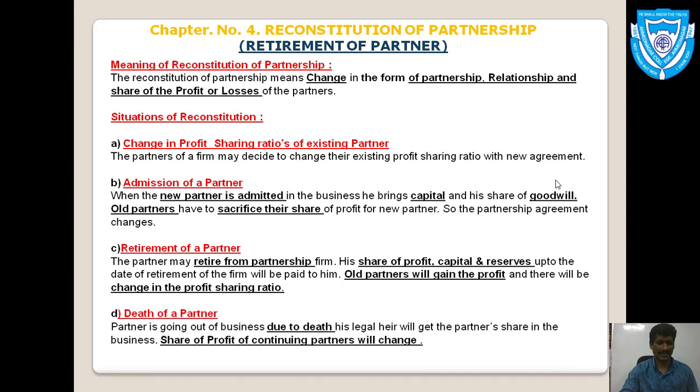And in the next case, death of a partner. In case of death of a partner, again the same thing will happen, that is the profit sharing ratio will be changed, and hence there will be a reconstitution of partnership.